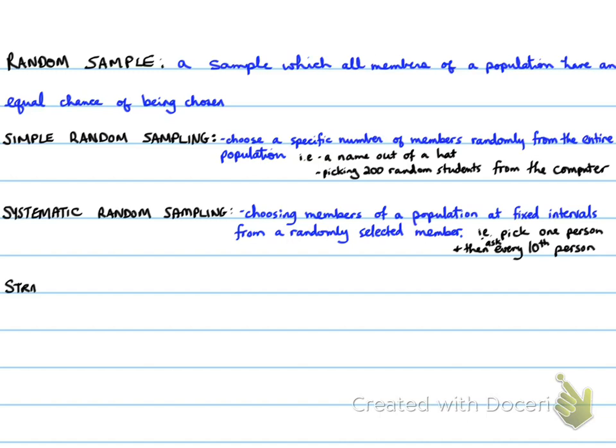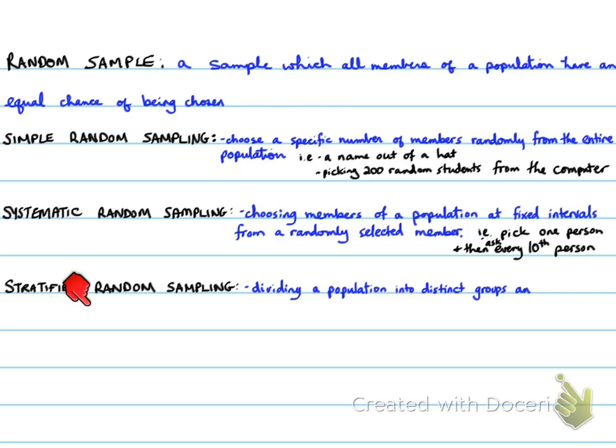Now, another example is a stratified random sample. A stratified random sample is basically dividing a population into distinct groups and then choosing the same fraction of members from each grouping.